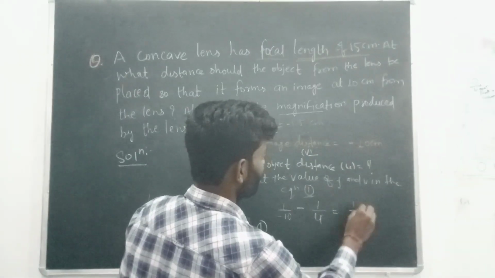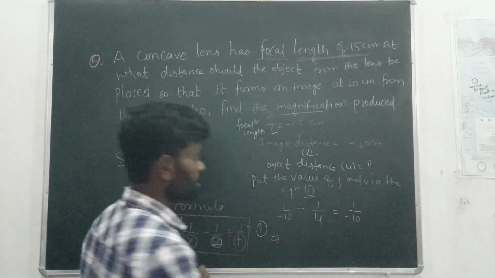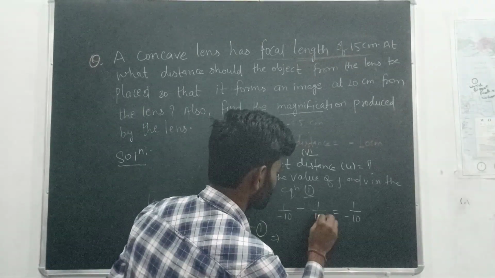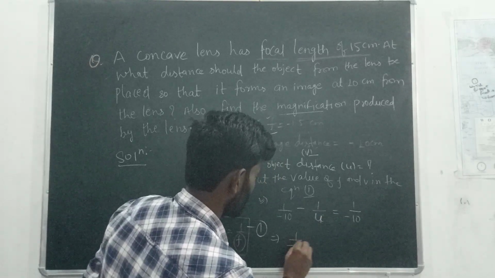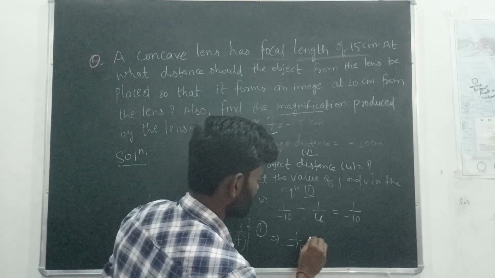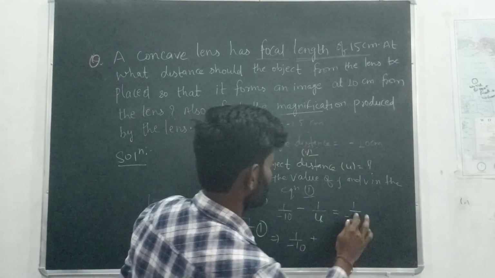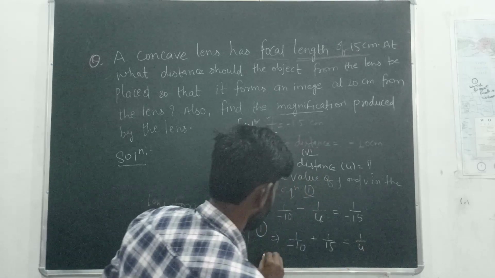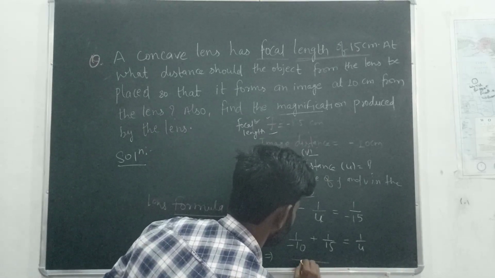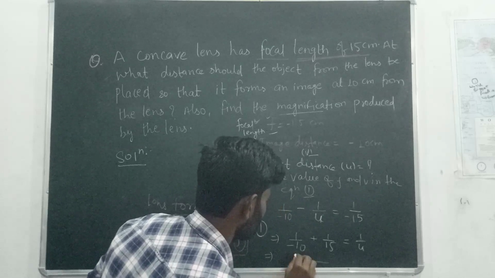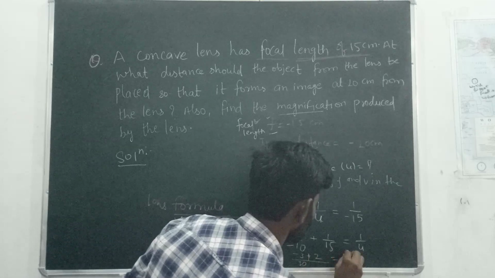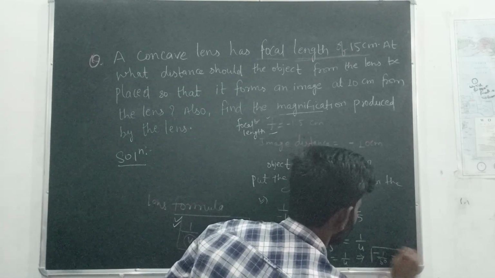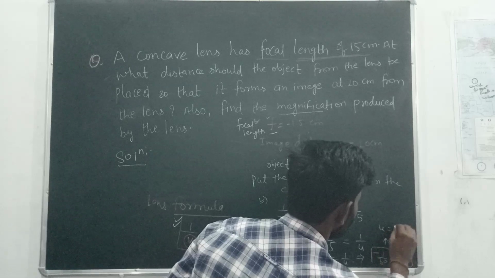So 1 upon u is equal to 1 upon v minus 1 upon f, which is minus 1 by 10 plus 1 by 15. Solving this, we get minus 3 plus 2 over 30, so minus 1 upon 30, which means u equals minus 30 centimeter.